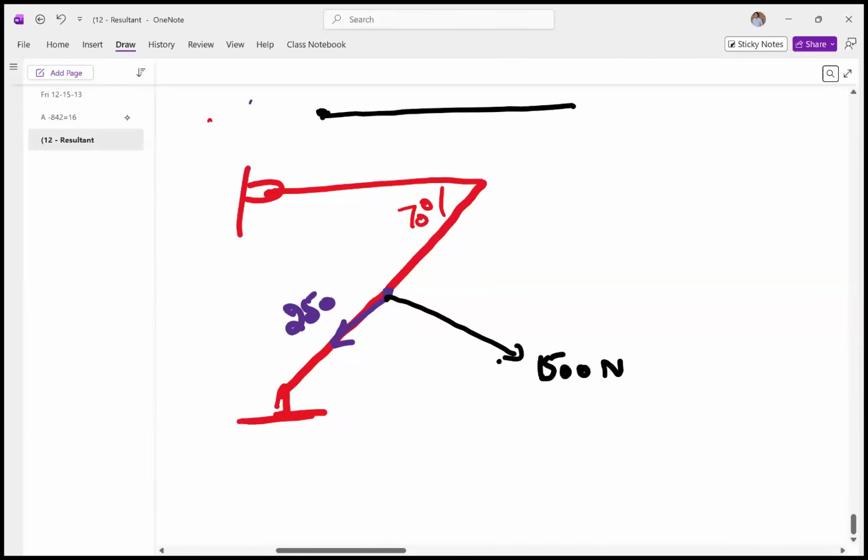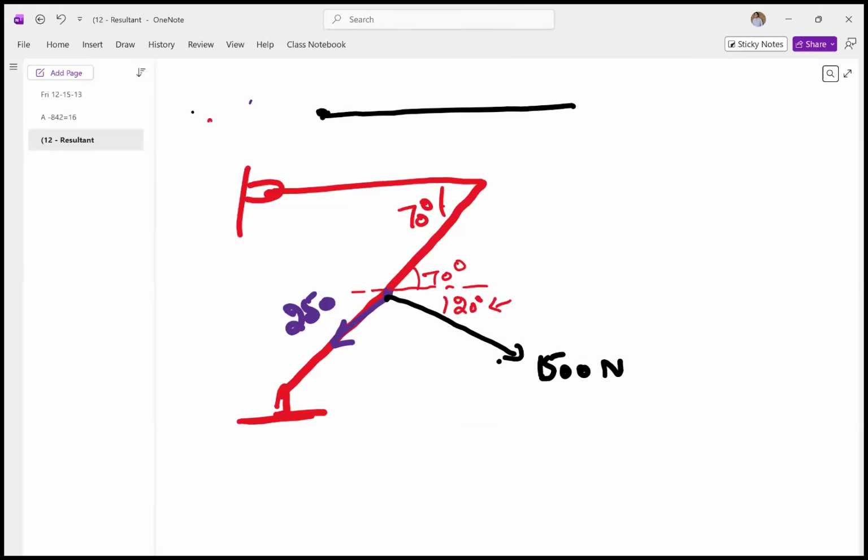Right, now I wanted to find the resultant force. So before I apply the triangle method, I will try to see the angles here. If this angle is 70 degrees, down here this angle will also be 70 degrees, and also this angle is given to me. This I forgot to mention, this angle is 20 degrees.